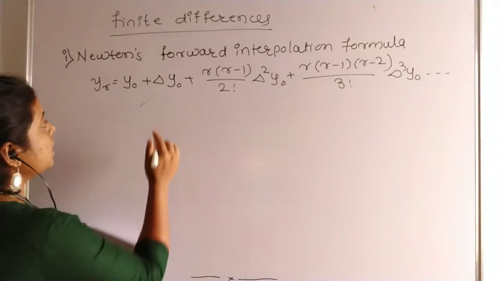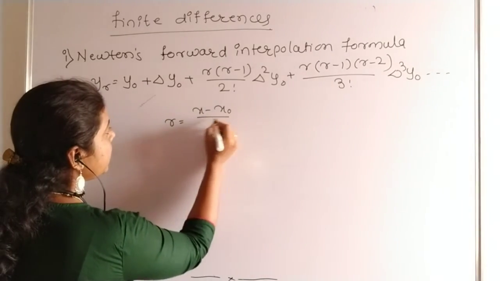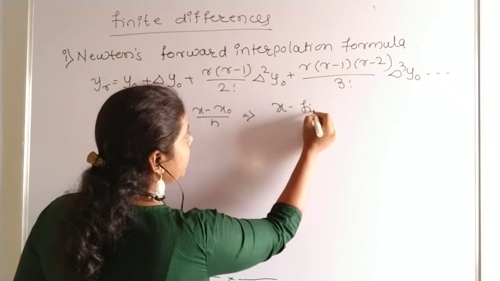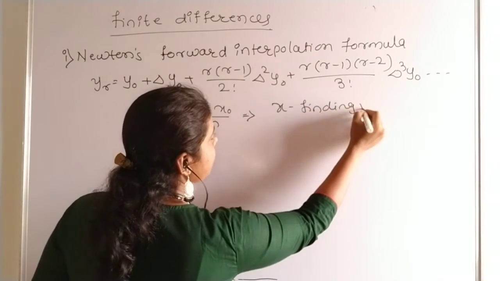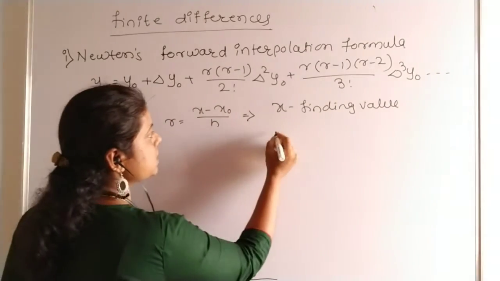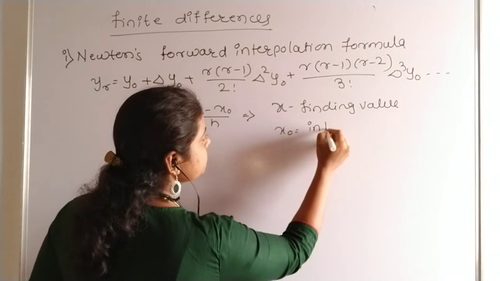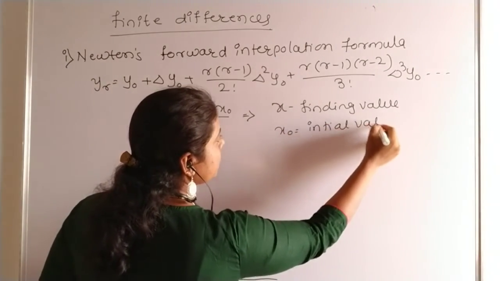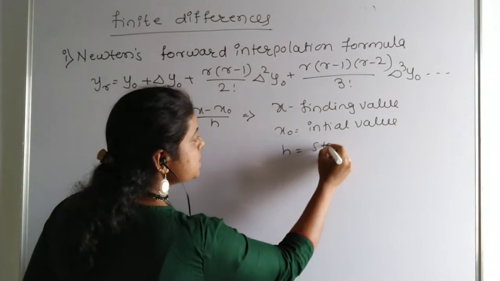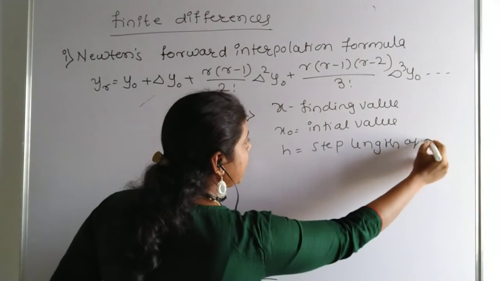Here r is x minus x0 divided by h, where x is the finding value. They will ask to find that value, which we consider as x. x0 is the initial value. h is the step length of x.